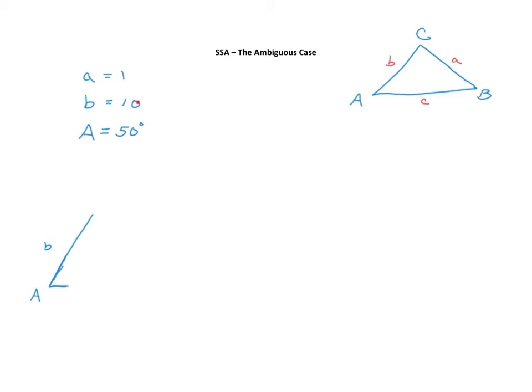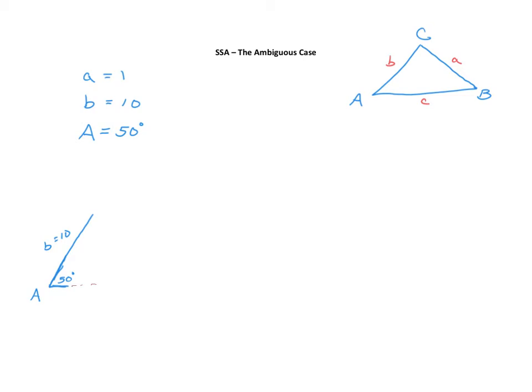Just from the numbers I've picked, I don't think this is going to give us a triangle, and here's why. If the length of B is 10, so let me draw this in here. This is 10, and this angle is 50 degrees. If you go a distance of 1 from this point, which is the side A, there is no way you're ever going to get down to this side to actually construct a triangle.